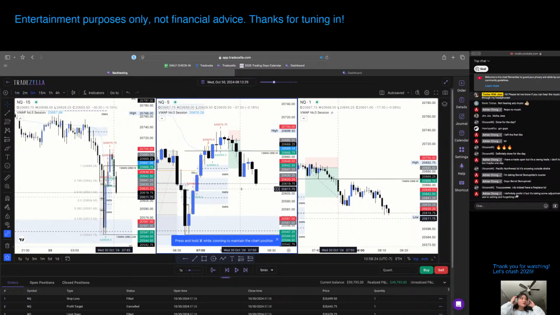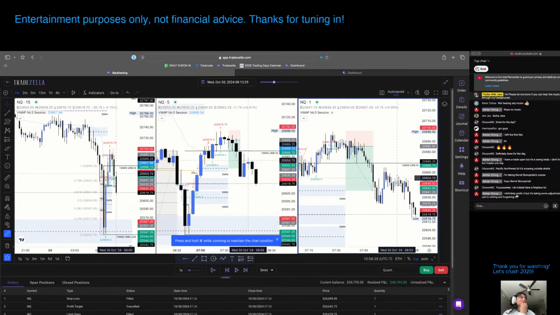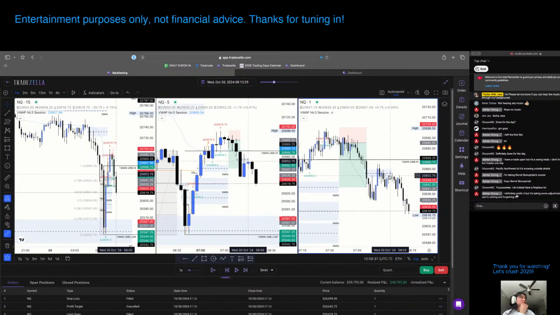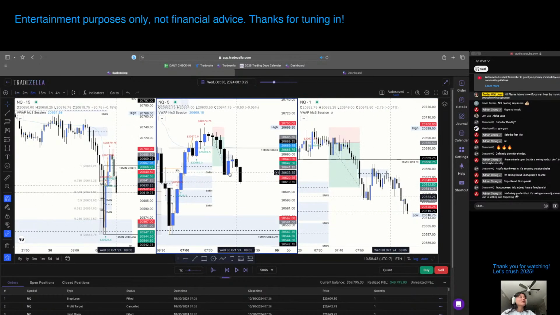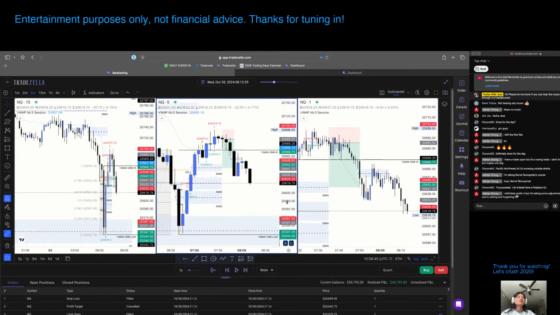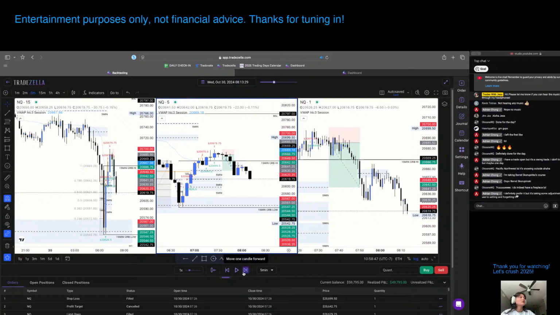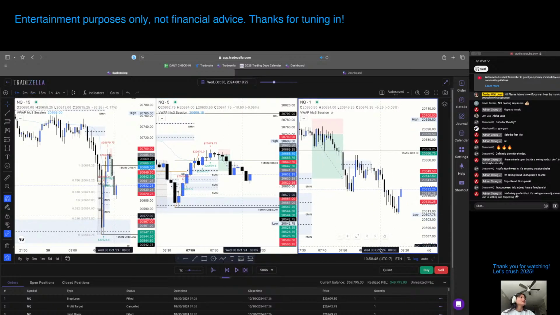So we could have definitely been able to scale, since we did reject, filled that, rejected the imbalance. We filled it, but we rejected it. On the higher time frame, we still have more imbalances to the downside than we do to the upside. So, okay, that's today's session.